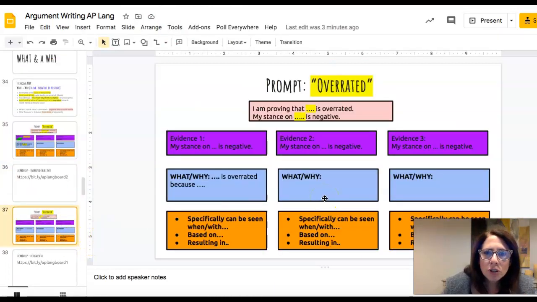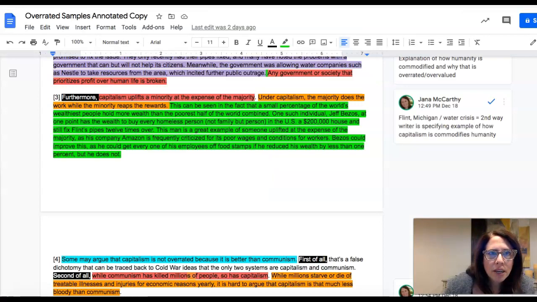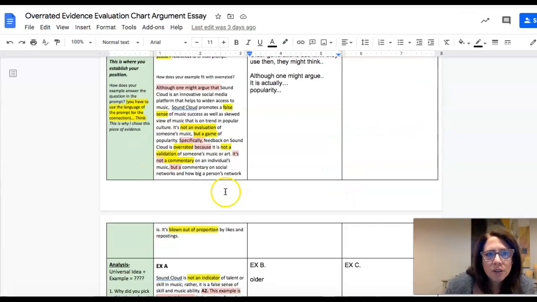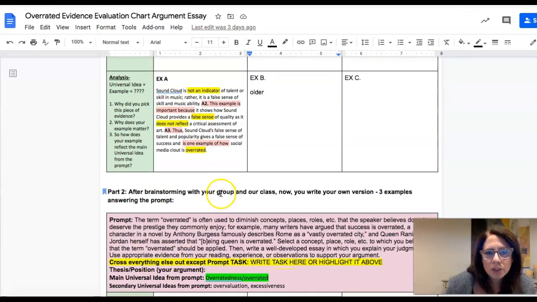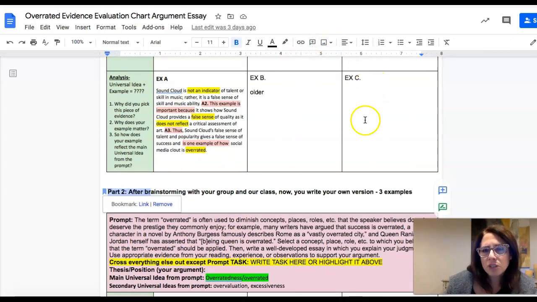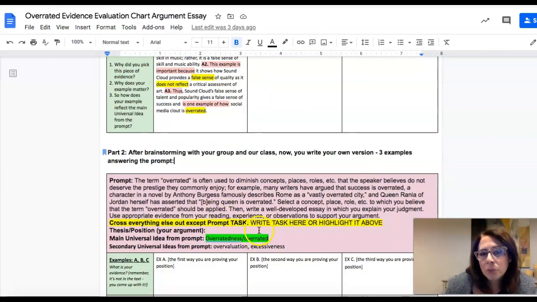So for work this week, the week of 12/21, you are still working with the same prompt, overrated, okay? And at the very second part, towards the bottom, you have part 2, and this is after the chart that you did for homework, where you finished my essay, you finished what we started. You are now coming up with your own thesis to the same prompt.